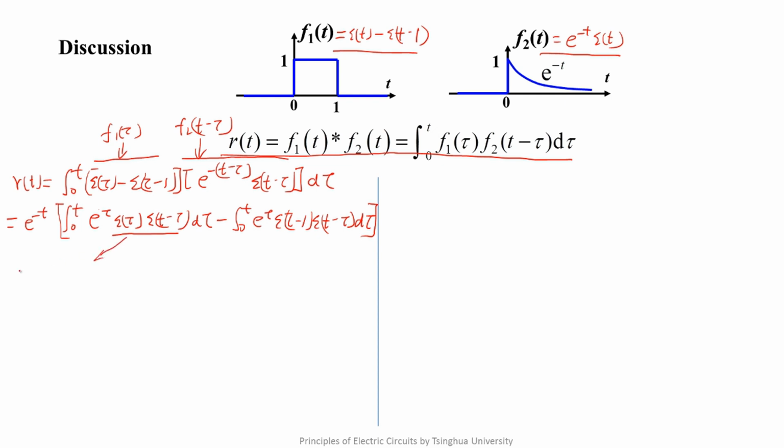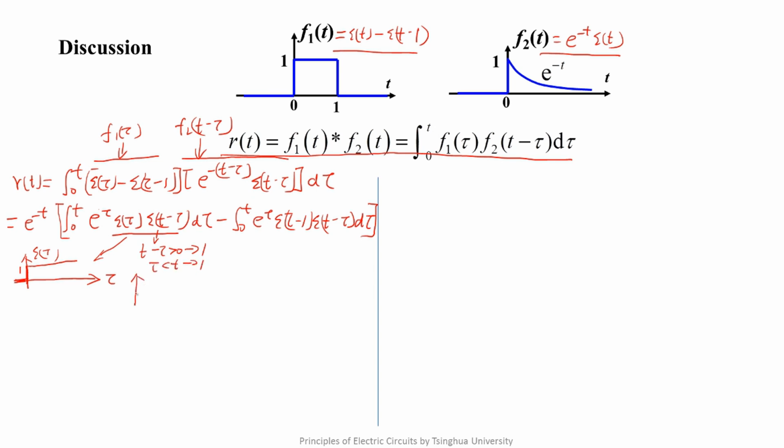For the first item, we draw the graph of ε(τ) first. Obviously, it's like this. Then we draw ε(t minus τ). When t minus τ is greater than 0, its value is 1. In other words, when τ is less than t, the value is 1.